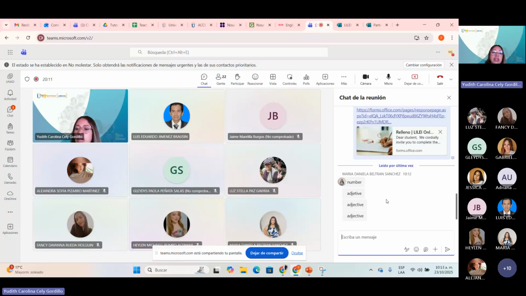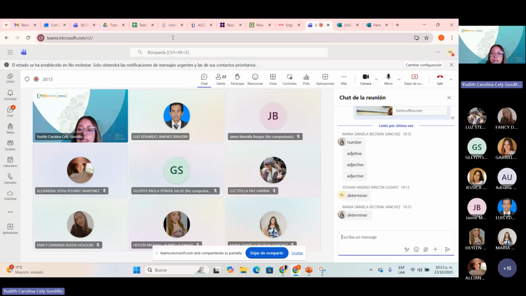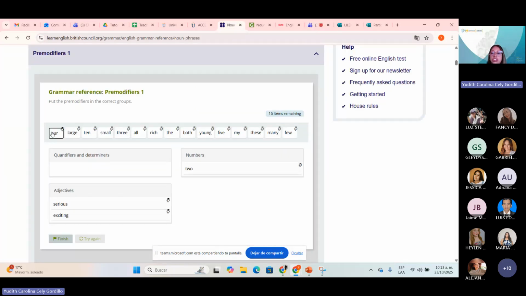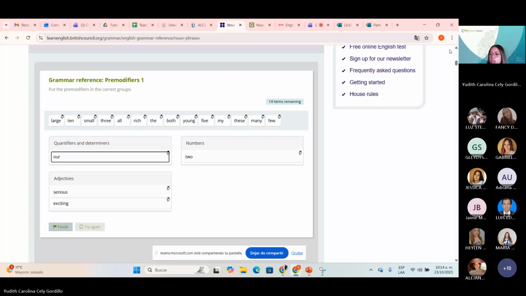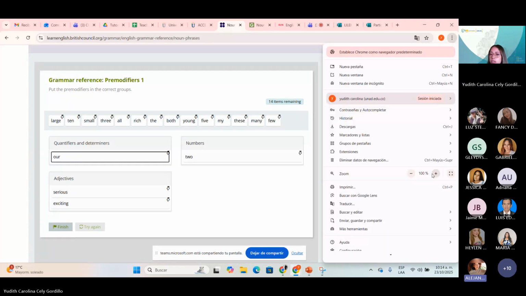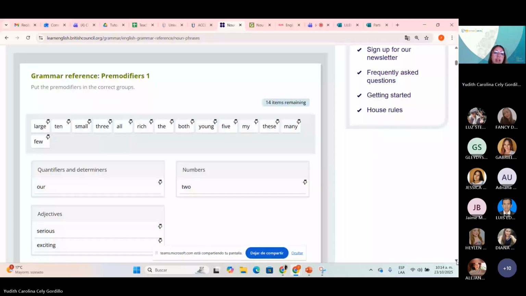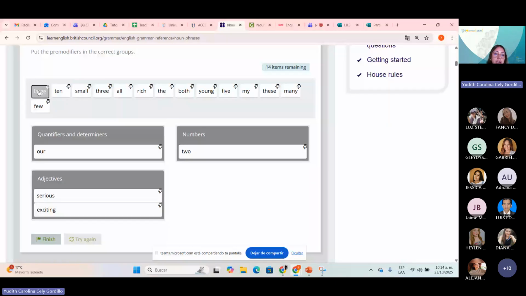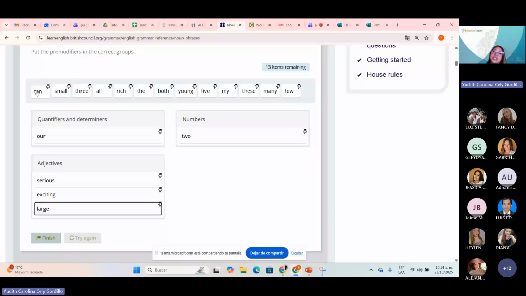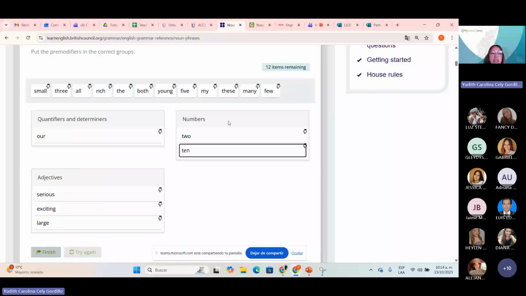This is the determiner mentioned in this, our, that is a determiner. Large. What about this word? Large. It's an adjective, large, like an adjective. That's right. What about 10? Number. That's right.